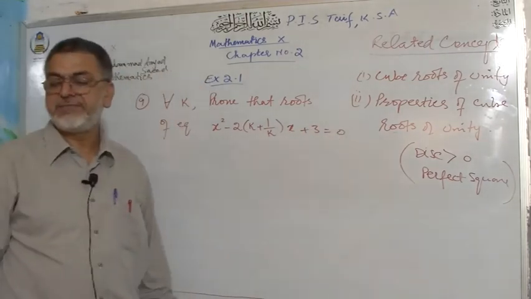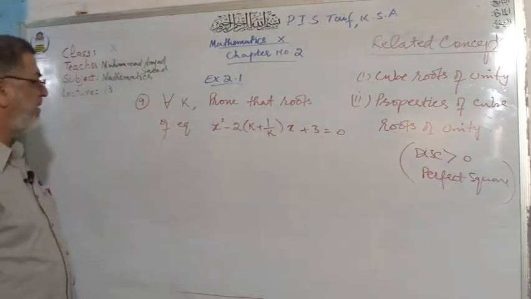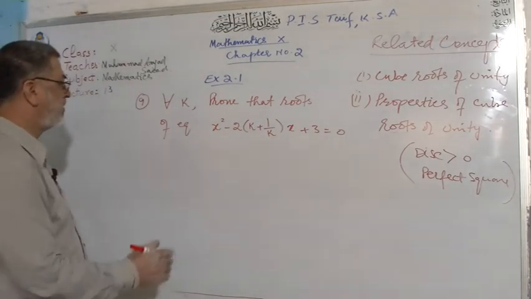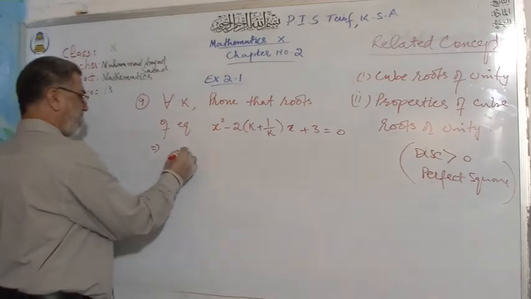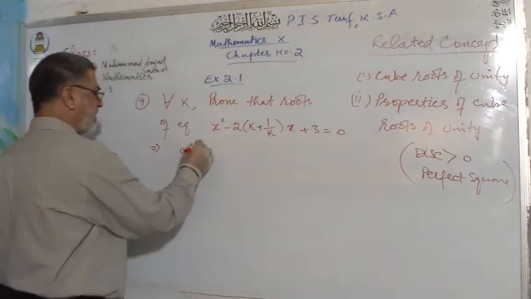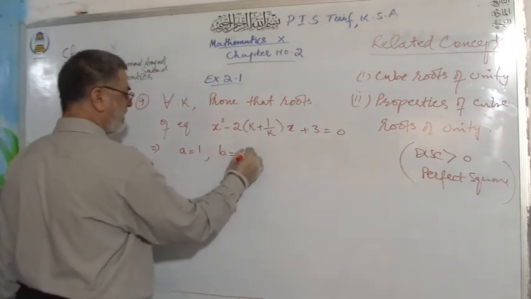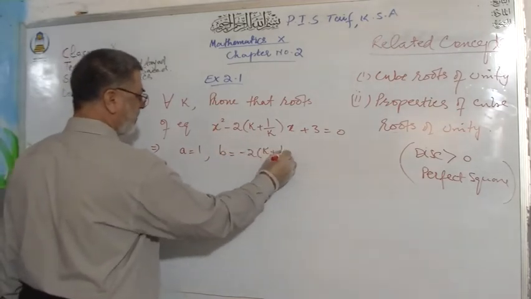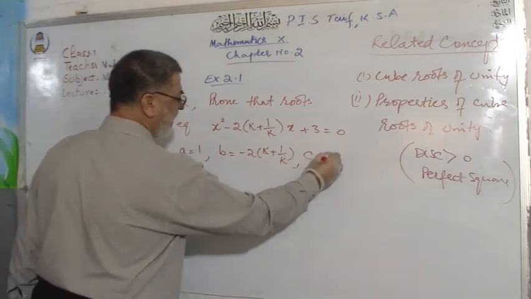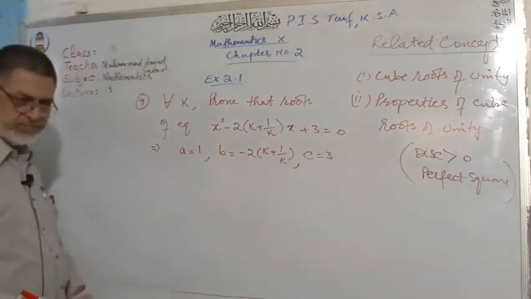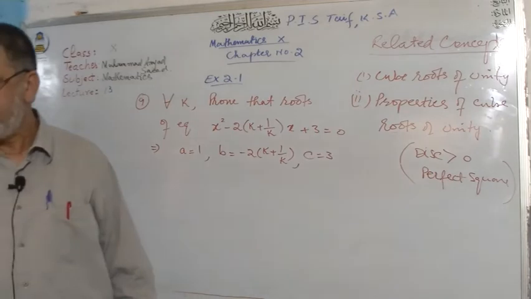Remember that from here you can easily check what a, b, c are. A is the coefficient of x square, that is 1. B is the coefficient of x, minus 2 into k plus 1 over k, and c is 3.